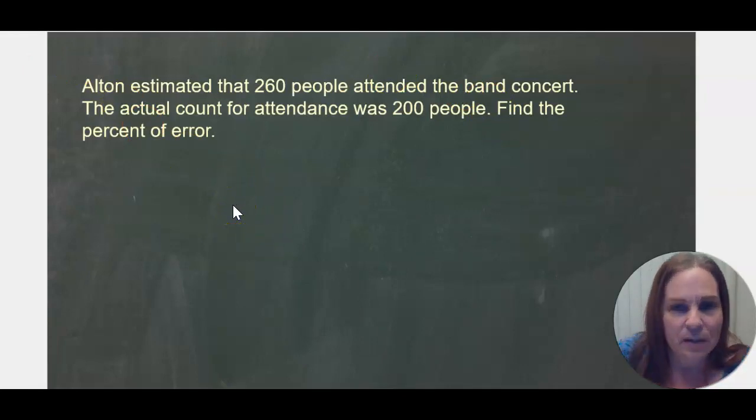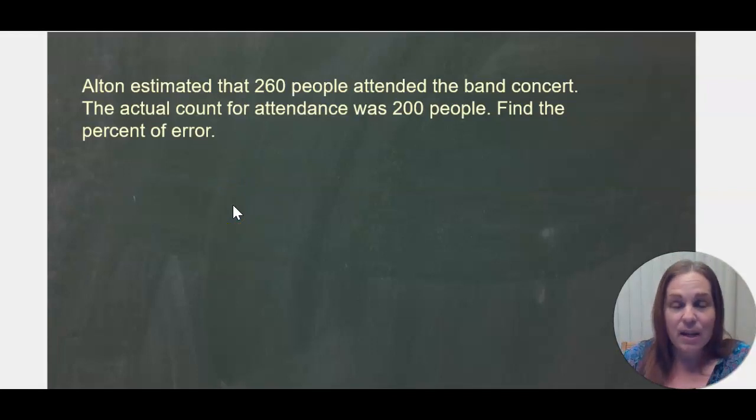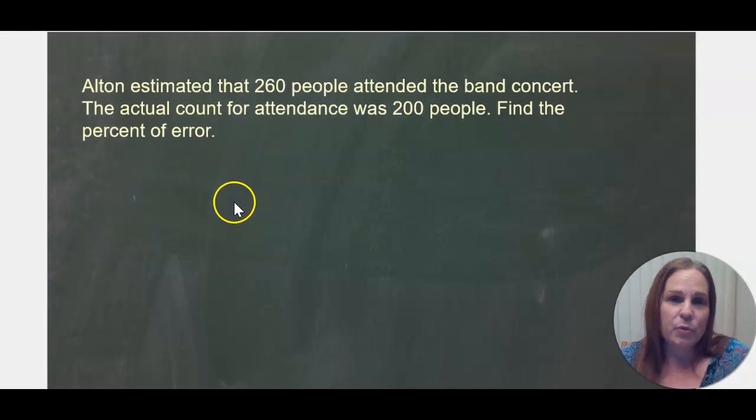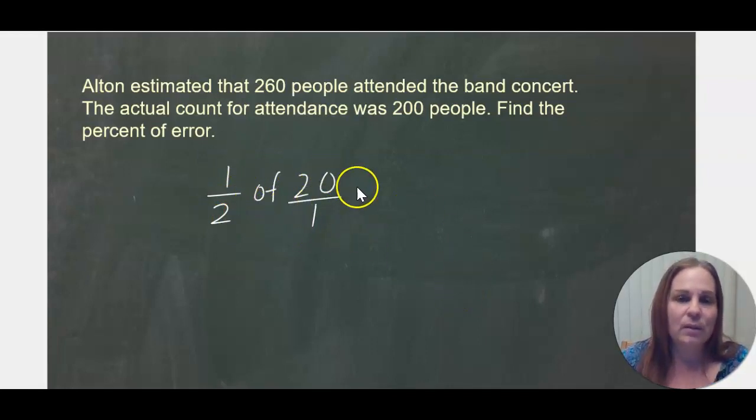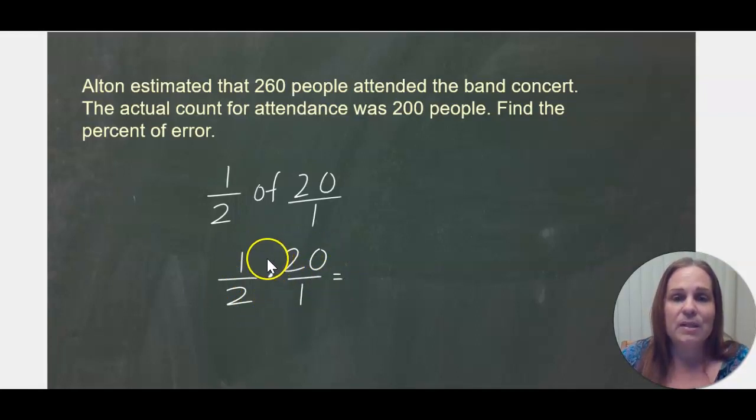You know that because 20 divided by 2 is 10. So in order to find half of 20, and I'm going to put 20 over 1, you can almost see just from lining it up like this, that would be 1/2 times 20, right? Because that would give you 20 over 2, which is 10.